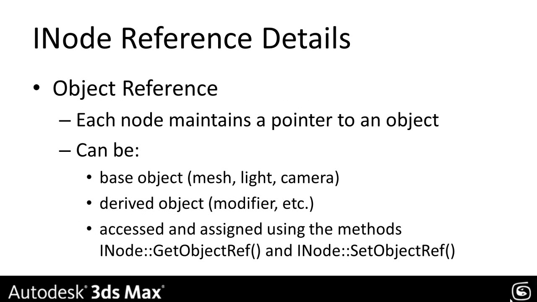The next one is the object reference. So again, each node maintains a pointer to an object. It can be a base object such as mesh, light, camera, etc., or a derived object, which is typically a modifier. And this is accessed and assigned using the methods GetObjectRef and SetObjectRef.